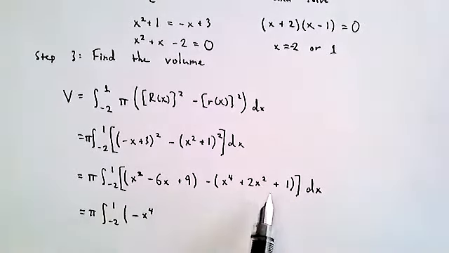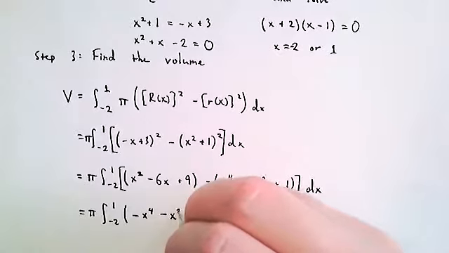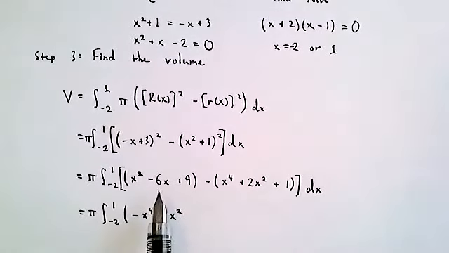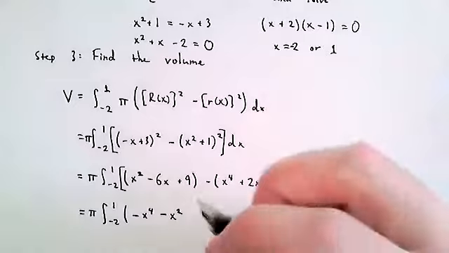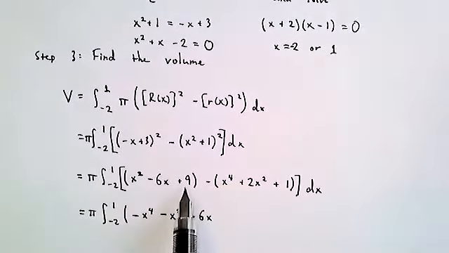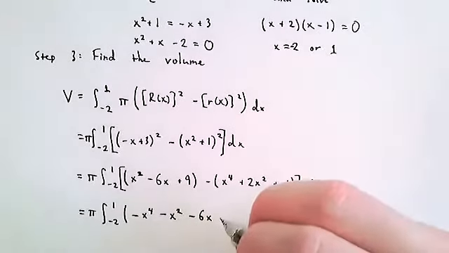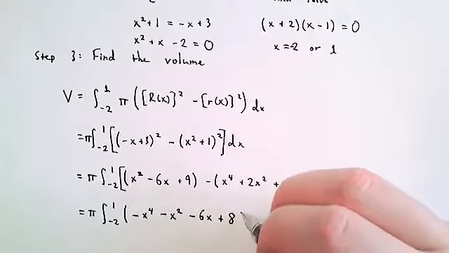And then we have two x squared terms. Combine those to get a negative x squared. And then we have an x term, minus 6x. And then the constant term, 9 minus 1, is plus 8 overall.